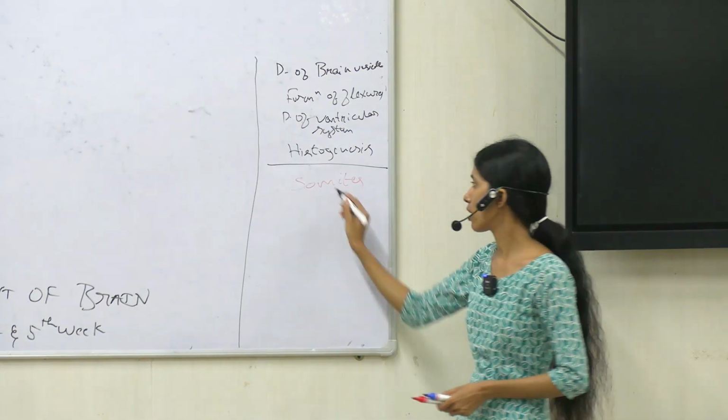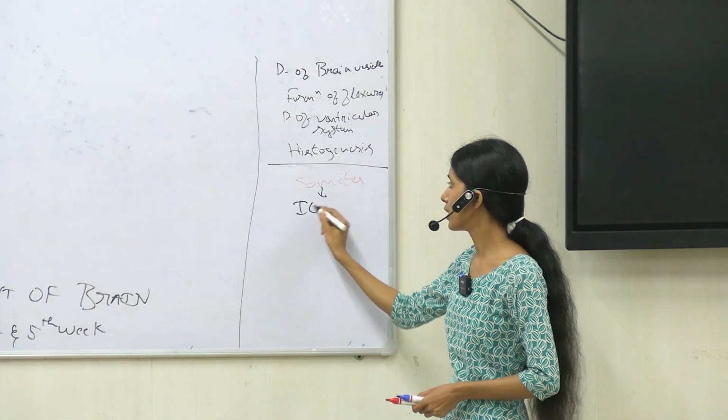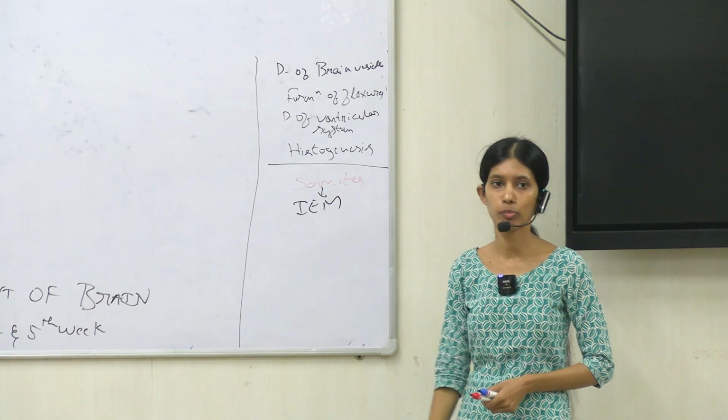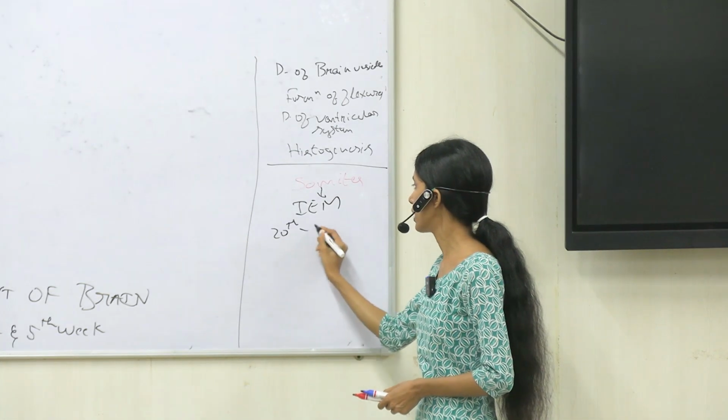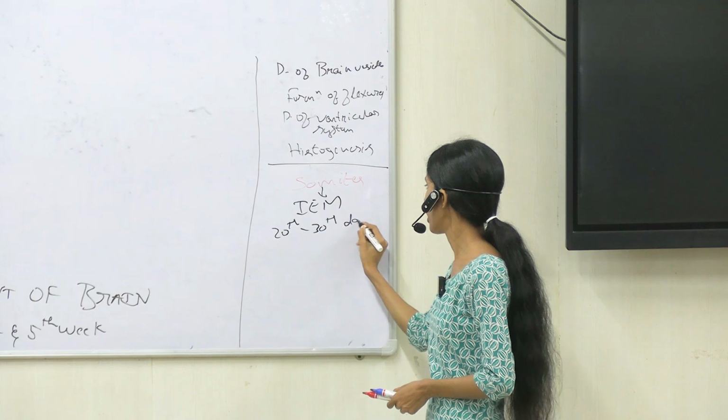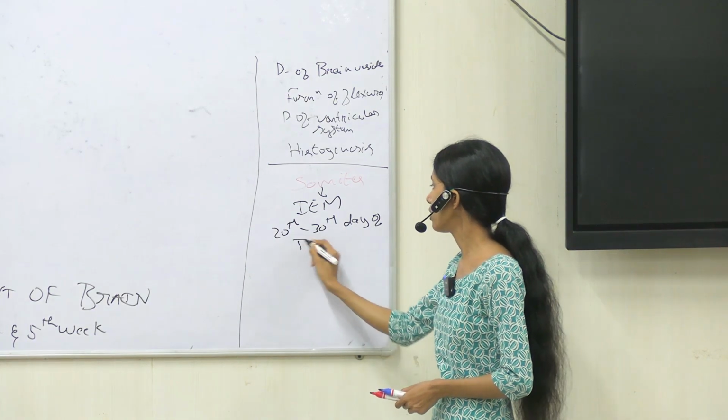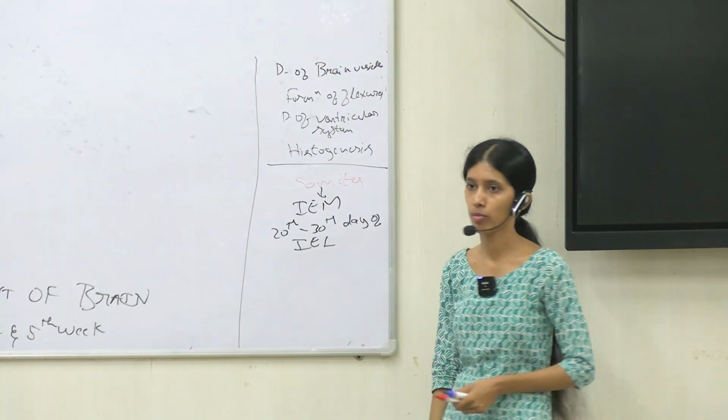Your somites are derived from the intra-embryonic mesoderm. We can see the somites from the 20th day to the 30th day of intra-embryonic life.